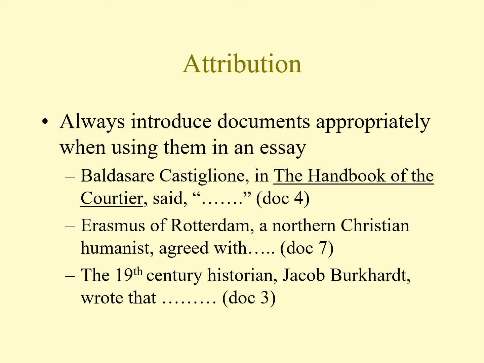Even though you have given the author, it helps the reader check marks off on the rubric quickly. Same kind of thing next. Erasmus of Rotterdam, a northern Christian humanist, agreed with so-and-so by saying whatever, document 7. The 19th century historian Jacob Burckhardt wrote that, document 3.